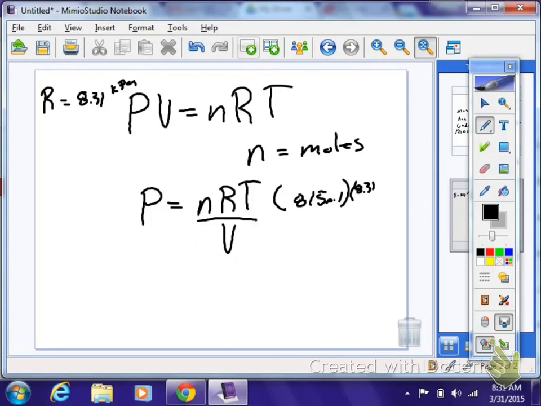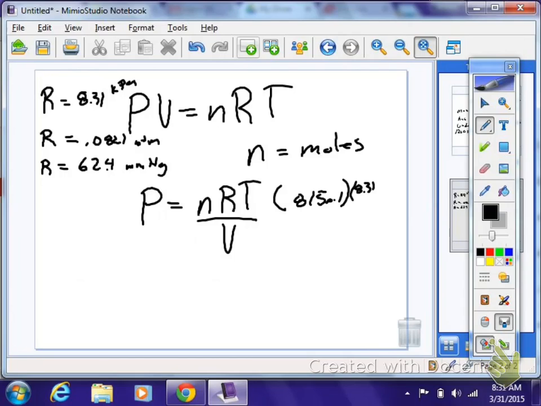If it's in atmospheres, it's 0.0821. That's not the only units, but that's the units that we're concerned with. And if it's in millimeters of mercury, it's 62.4, or torr.